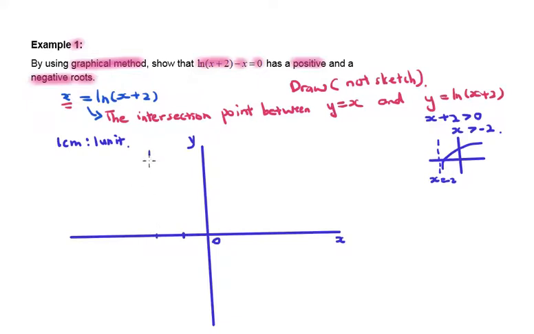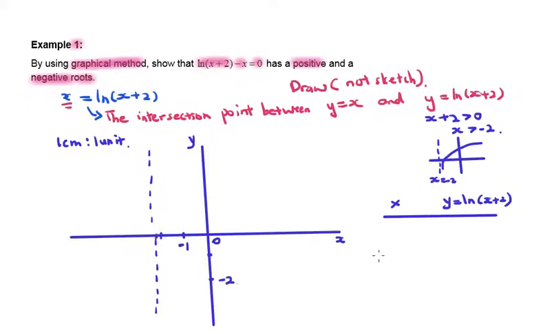This is a vertical asymptote. This is -1. We might get a few points to draw the graph. So plot a few points. We can substitute a few values of x.